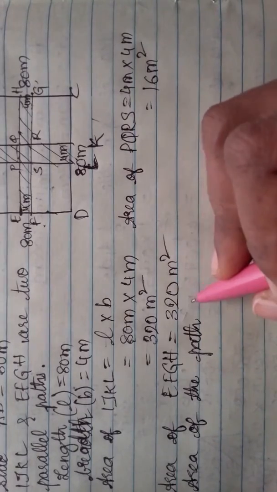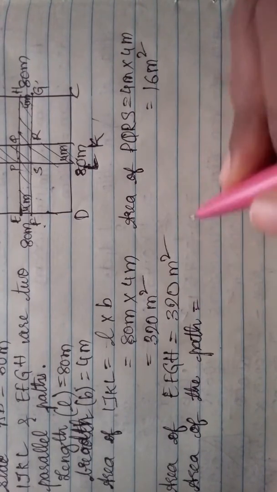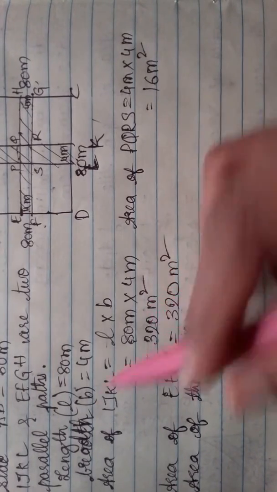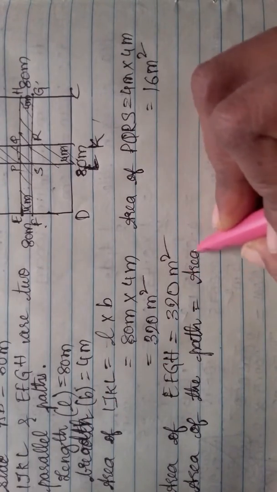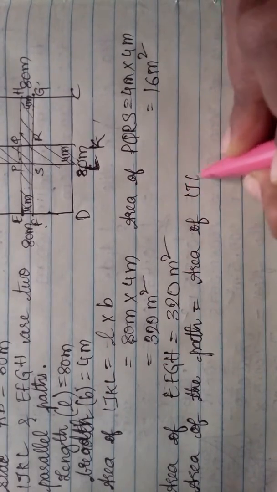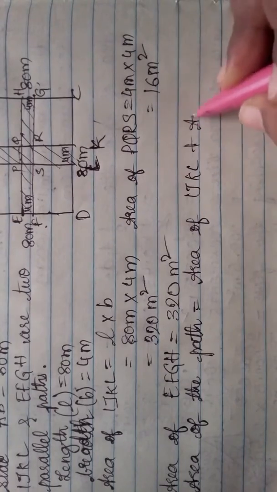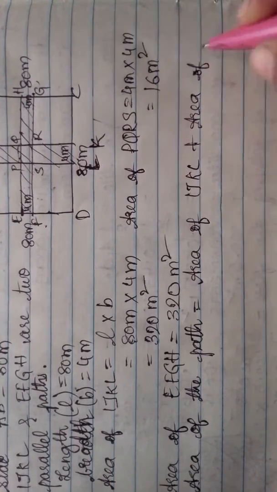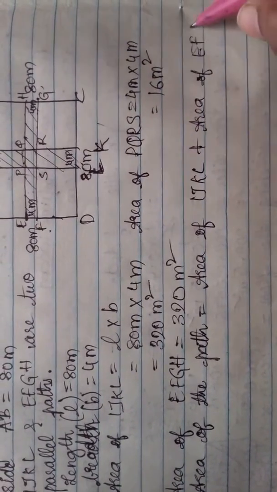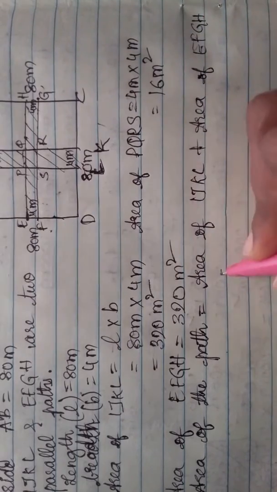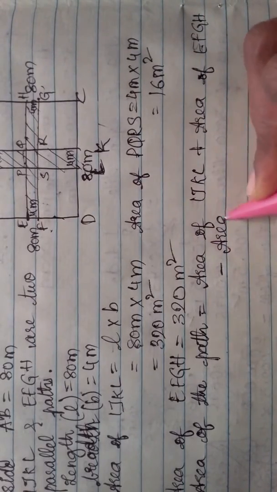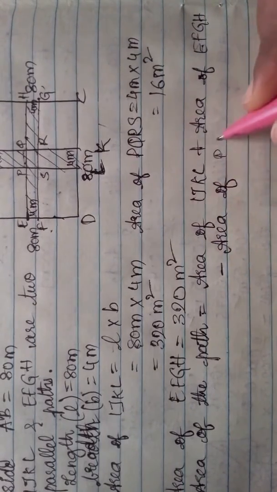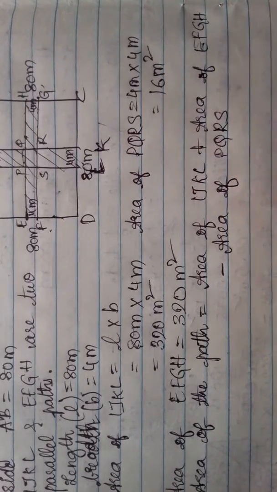Now let us find out the area of the path, which is equal to area of IJKL plus area of EFGH minus area of PQRS.